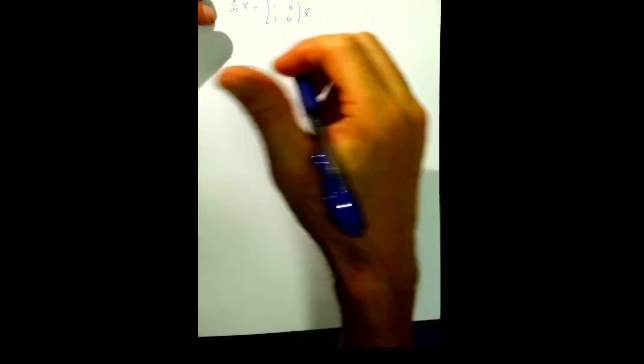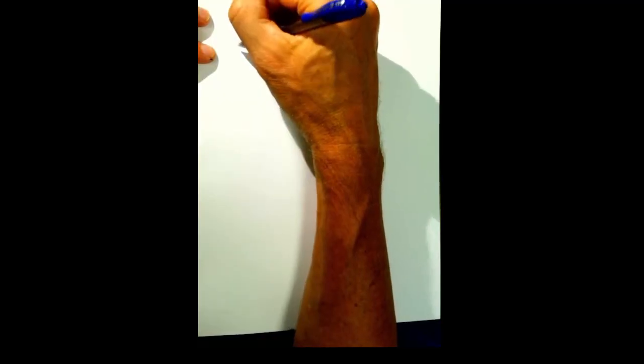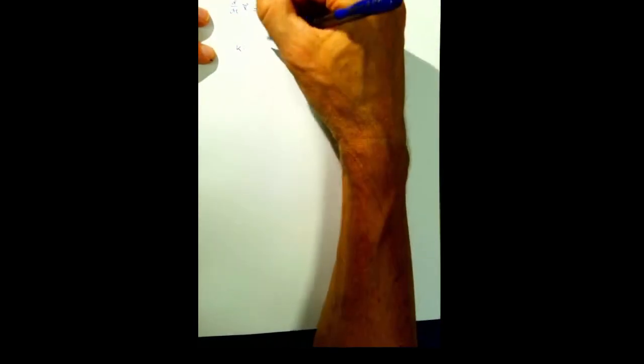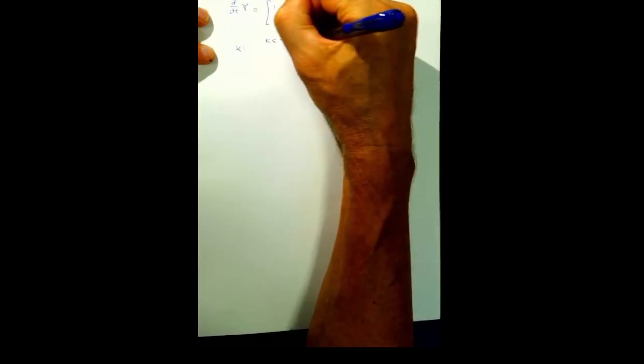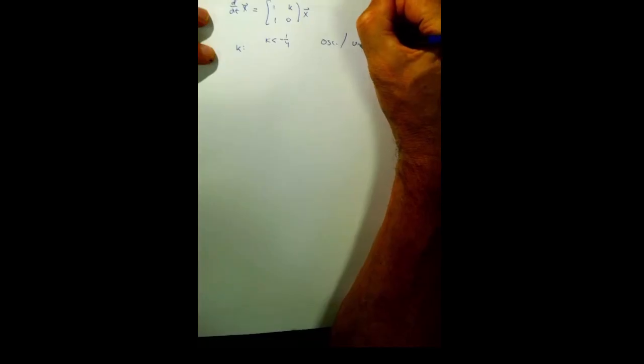We were originally asked, what are the stability characteristics of a system where the matrix is 1, k, 1, 0. It's 2 by 2, so we can use the trace-determinant plane. We just found that for different values of k, if k is less than -1/4, it's going to oscillate and be unstable.